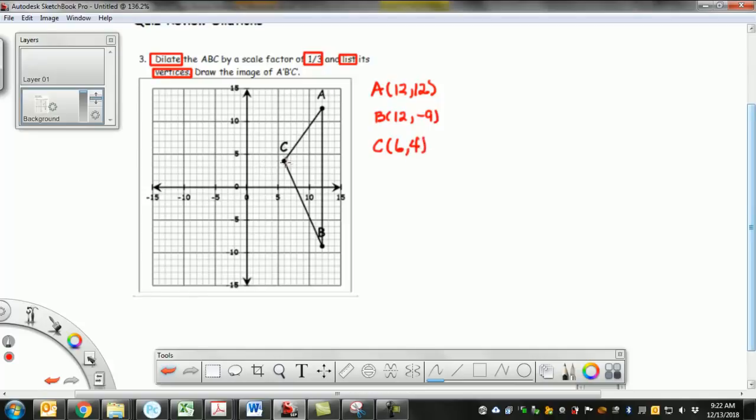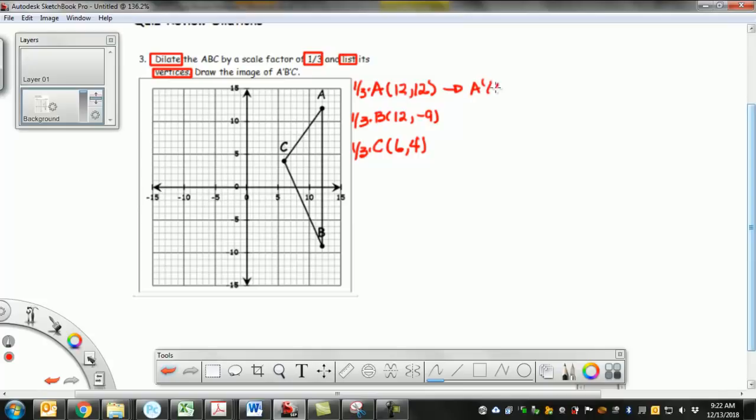Now take each one of those ordered pairs, we're going to times it by the scale factor of 1 divided by 3. Do it to A, do it to B, and do it to C. Now multiplication by 1/3 is like dividing everything by 3.